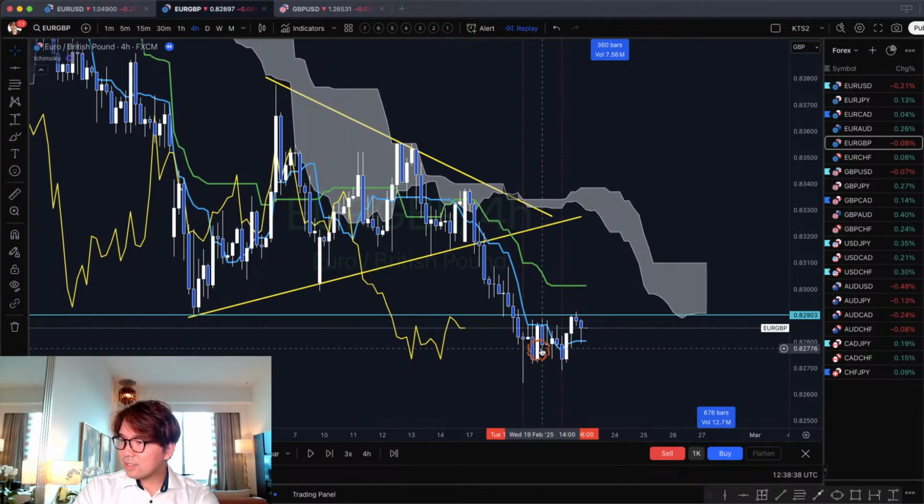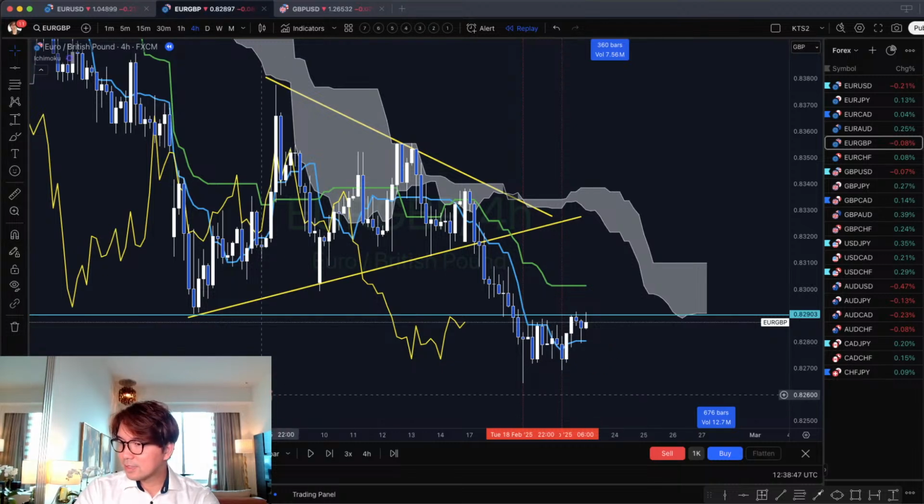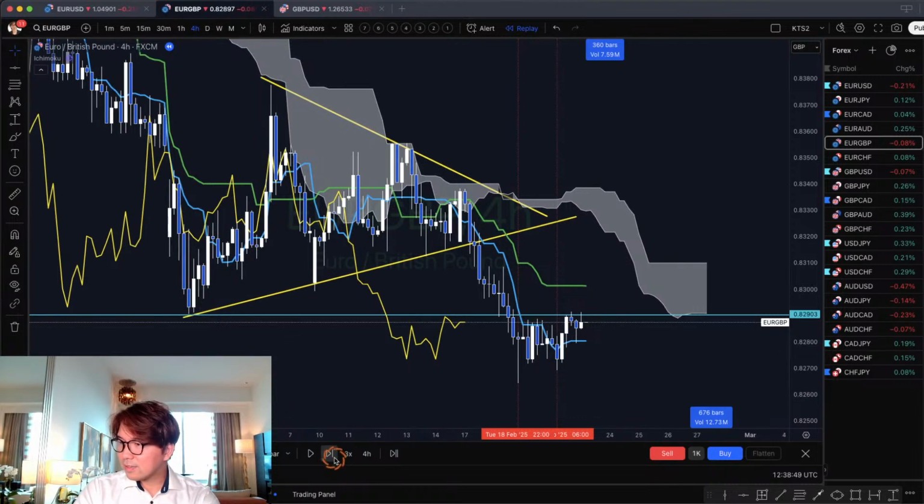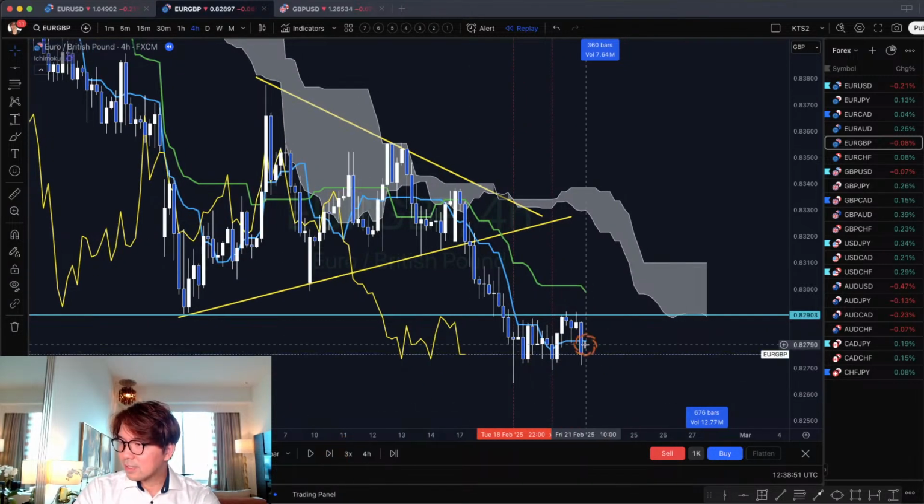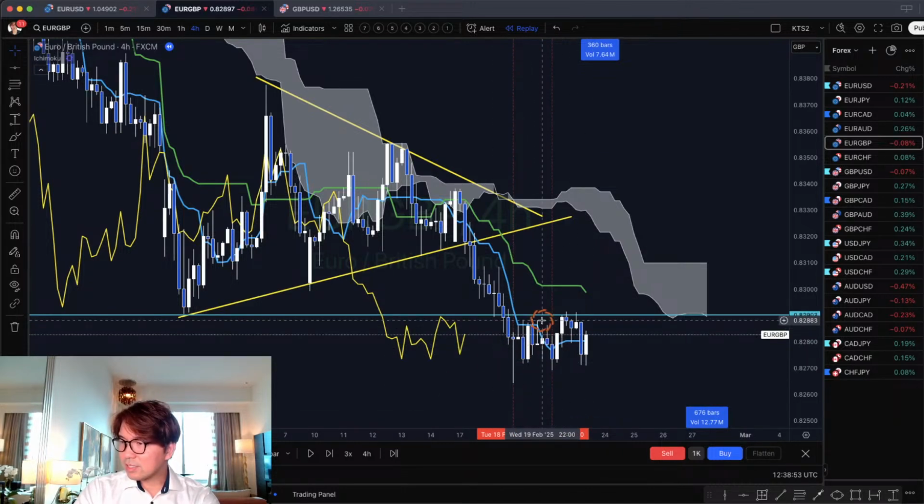And then it looks like it's been resisted now, but now it's testing again. If it breaks here, then I think it goes up to the Kijun-sen. And then let's see what happens after this. Oh, it didn't break. So it looks like this resistance level is quite strong.